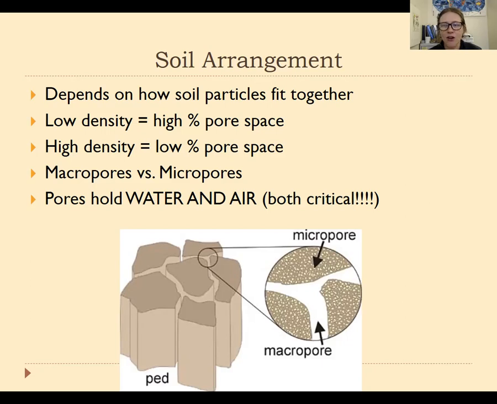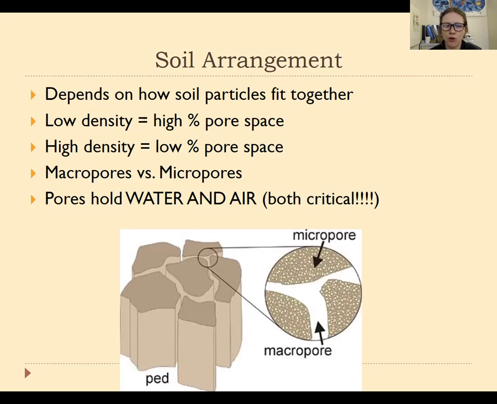But as I said, not all spaces are created equal. So it is possible to have a soil with decent total pore space, but if a lot of that pore space is made up of micropores and there's not a lot of macropores present, then that can influence the way that the soil is actually functioning. And we'll talk more about that later.